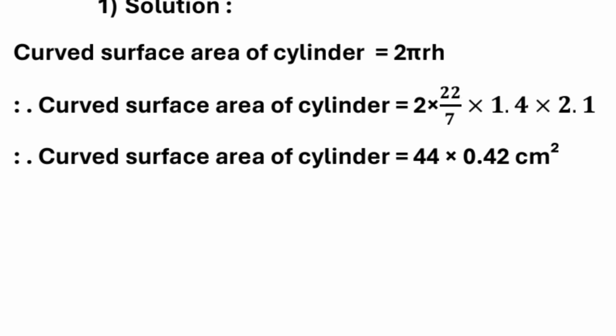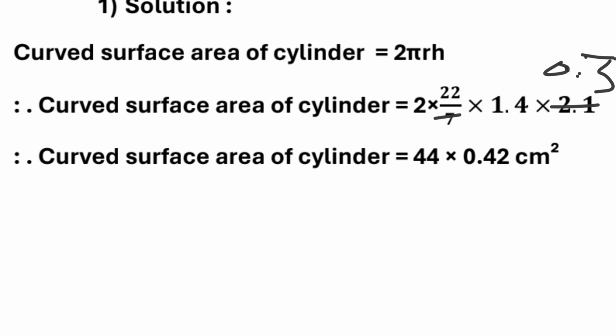Now here 1.4 and 2.1 are divisible by 7. Then we divide any one by 7. Now 7 ones are 7 and 7 threes are 21. Now here 2.1, 2 is smaller than 7, so we write 0 and then point and 7 threes are 21.